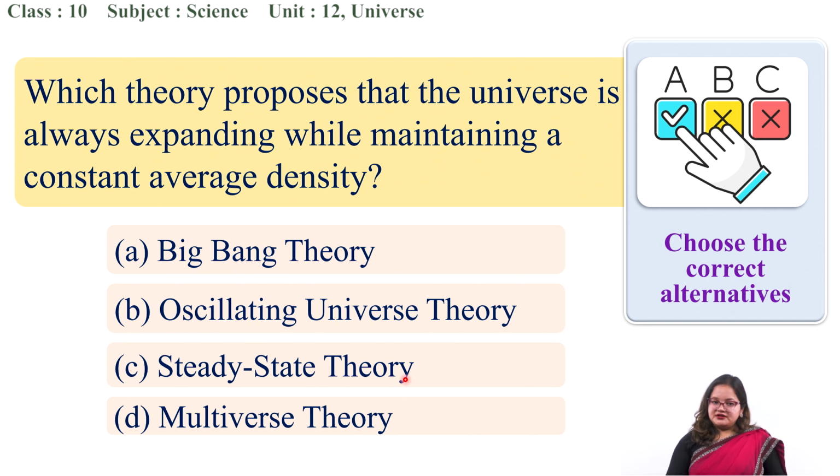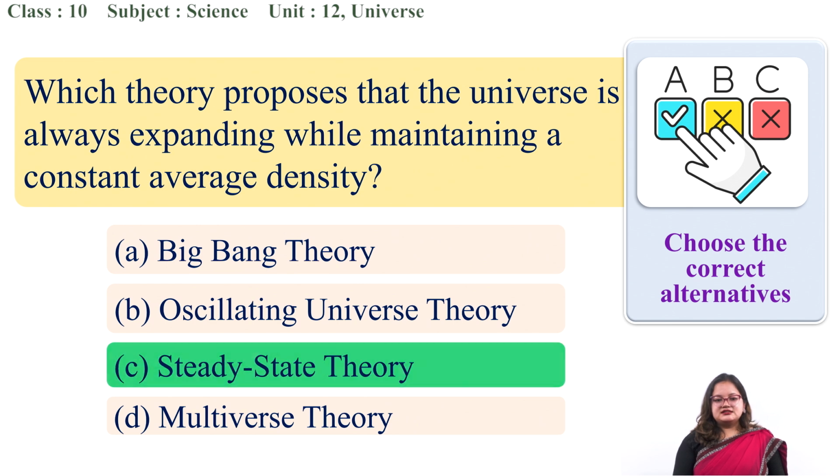Now this might be correct, because about steady state theory we studied that this theory suggests that the universe is expanding but the density is staying constant. And option D, multiverse theory, talks about other possible existing universes as well. So the correct answer is option C, steady state theory.